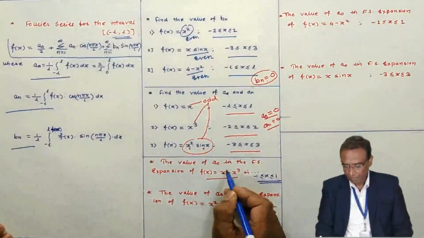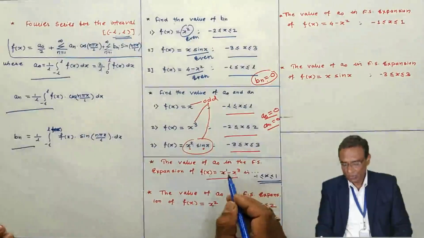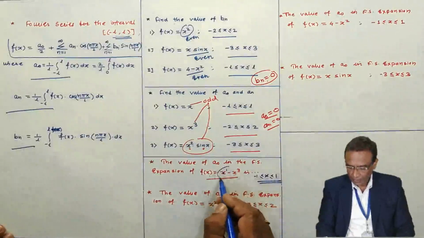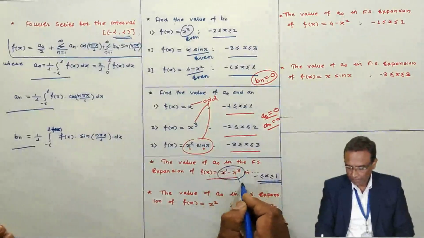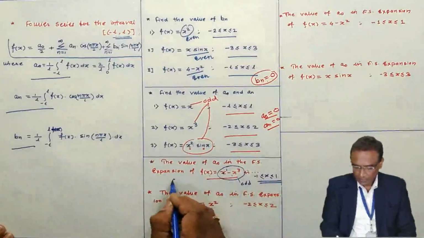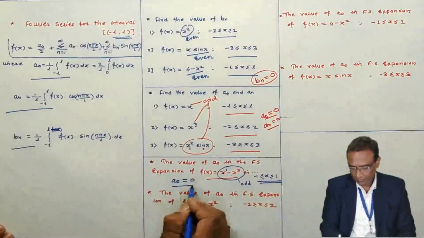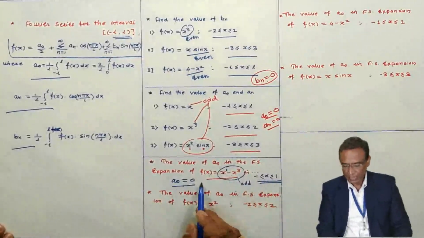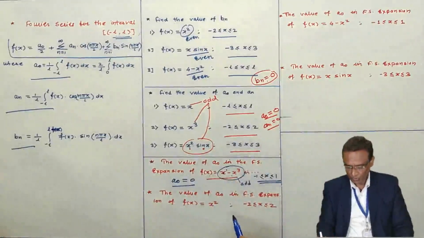Odd function. This function is what? Odd function. Odd function minus odd function is equal to odd function. And when an odd function is defined on this, the A0 is 0. An odd function is defined on a symmetric to 0 interval, so A0 is 0. Even An is also 0.